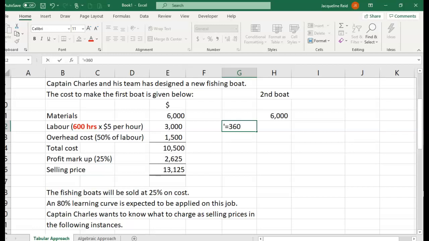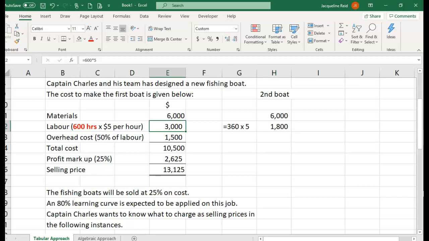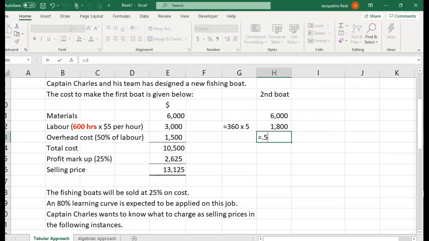360 times 5. So let's put that in. So notice now that in making the second boat, the labor cost has dropped from $3,000 down to $1,800. The overhead cost is 50% of that figure.